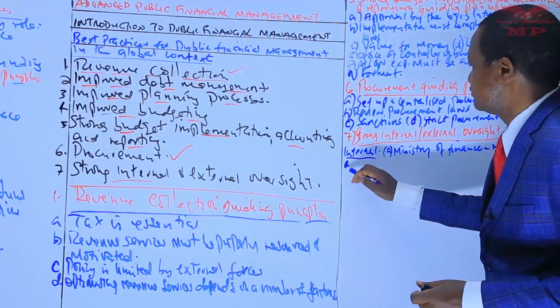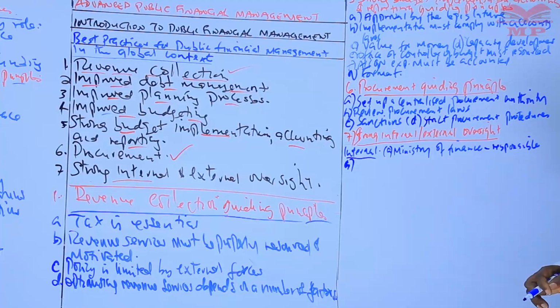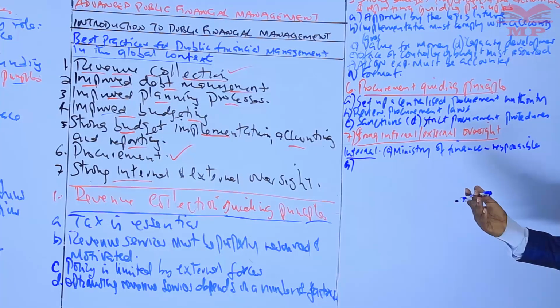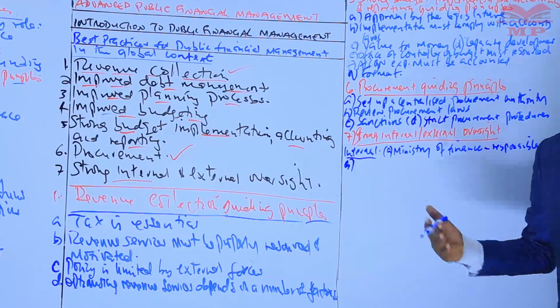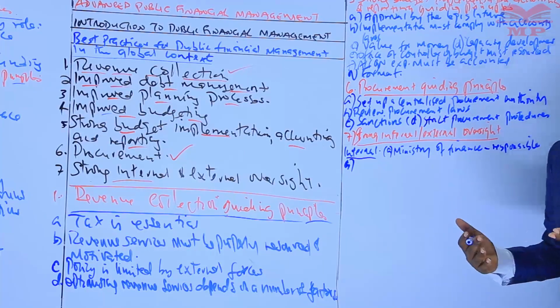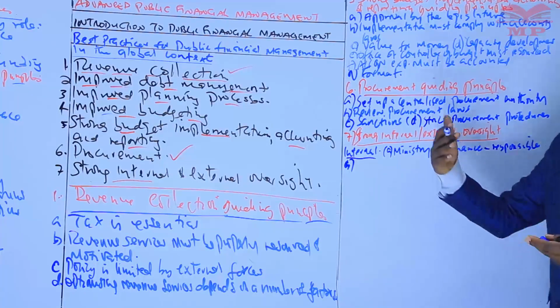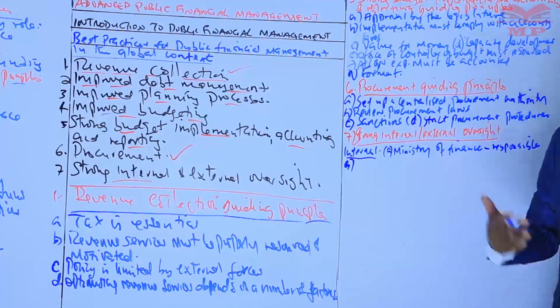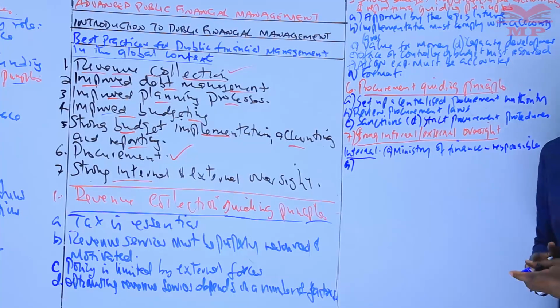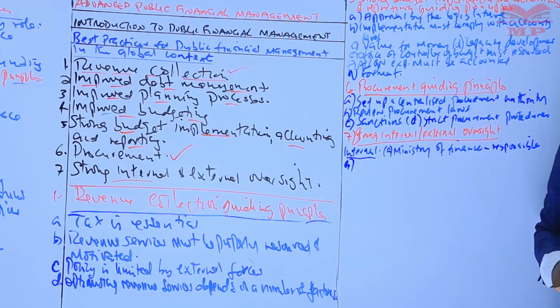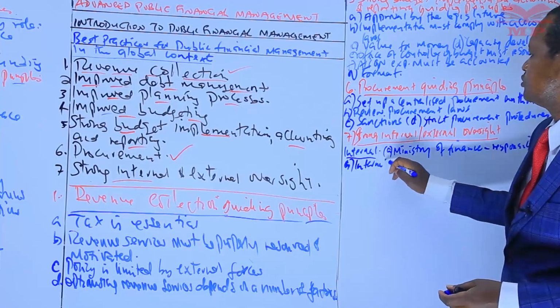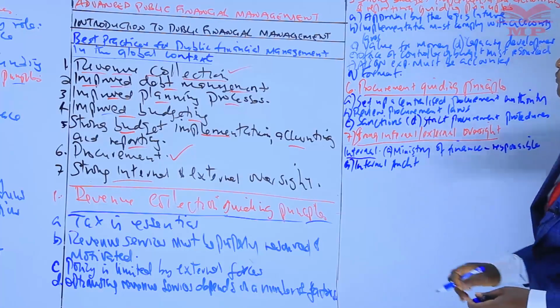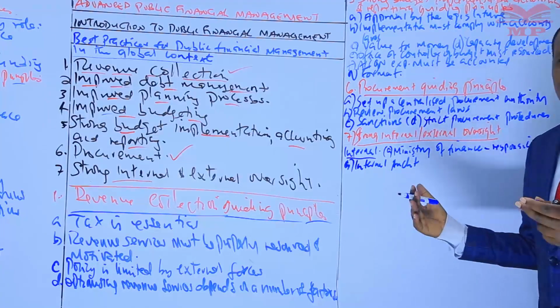The second principle is that internal oversight should include internal audit function, which must be effective and should comply with the generally accepted auditing standards with regard to staffing, planning, and also reporting. Internal audit. There ought to be an internal audit function.